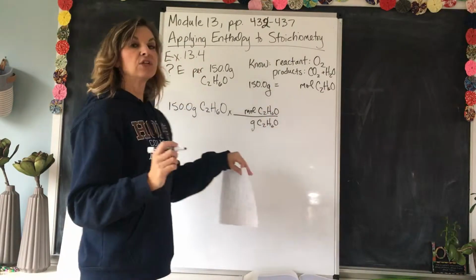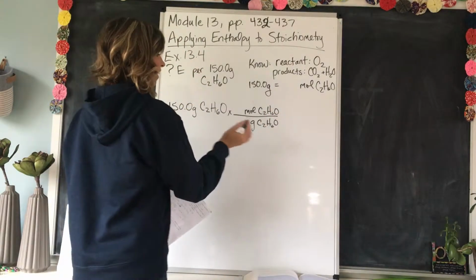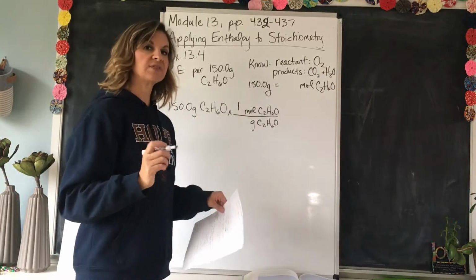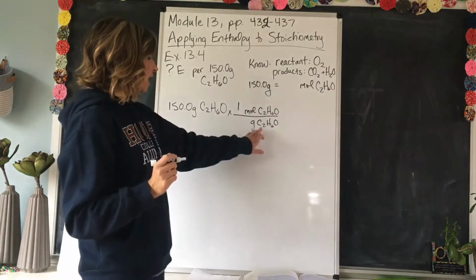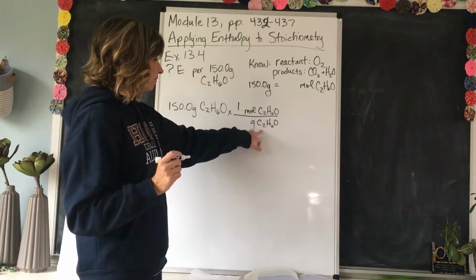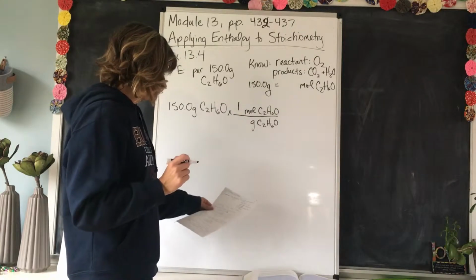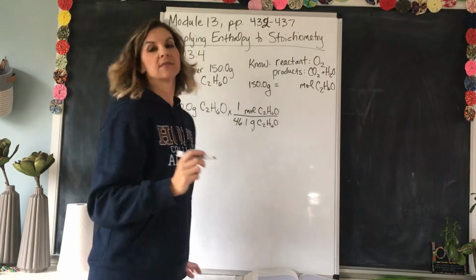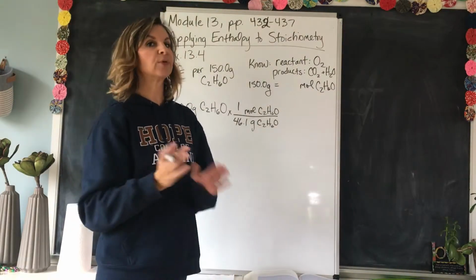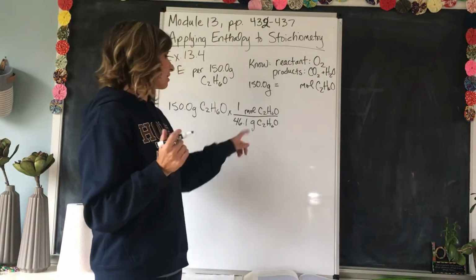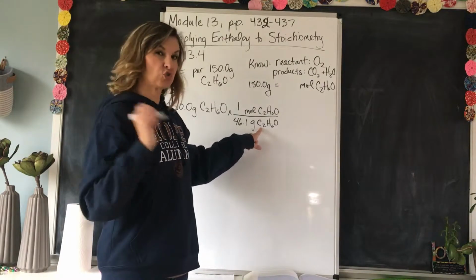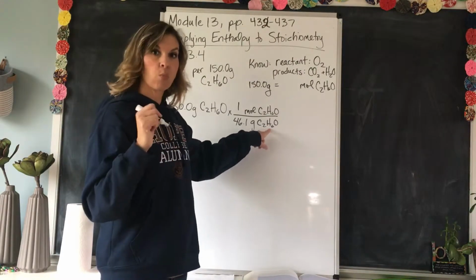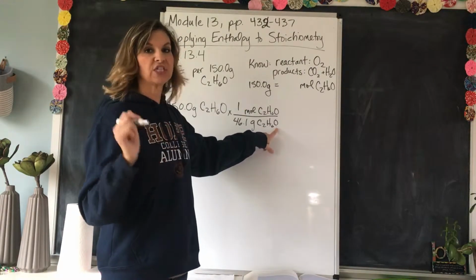Looking at the periodic table, in 1 mole of C2H6O, we would have, I will just give it to you, 46.1 grams of C2H6O. Remember, you look at the periodic table, and the mass number for carbon is 12, for hydrogen it's 1.01, and for oxygen it's 16.